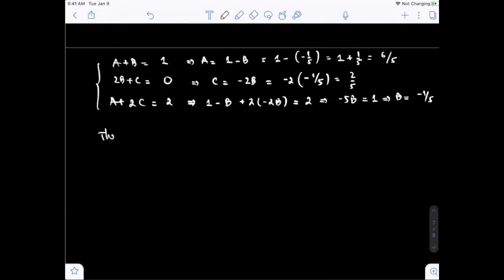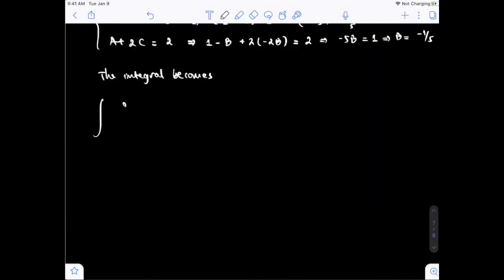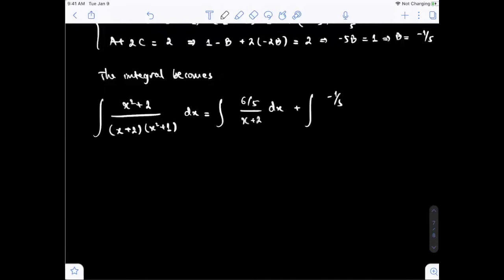So the integral of x squared plus 2 over x plus 2 times x squared plus 1 dx becomes the integral of 6 over 5 divided by x plus 2 dx plus the integral of negative 1 over 5 x plus 2 over 5 divided by x squared plus 1 dx.